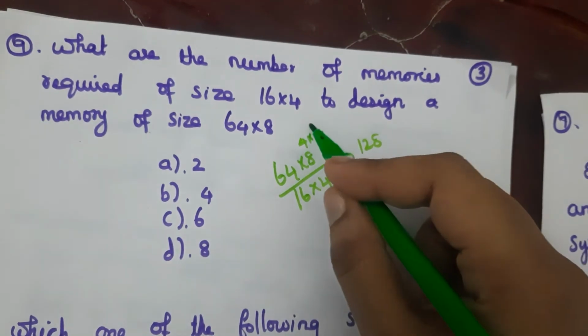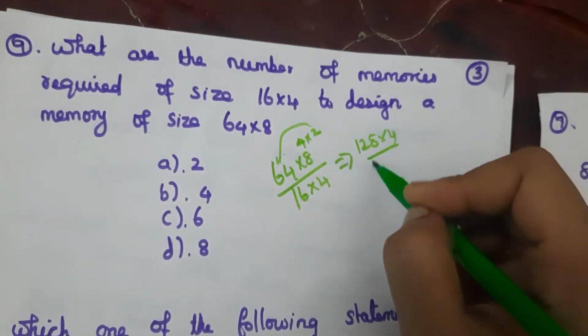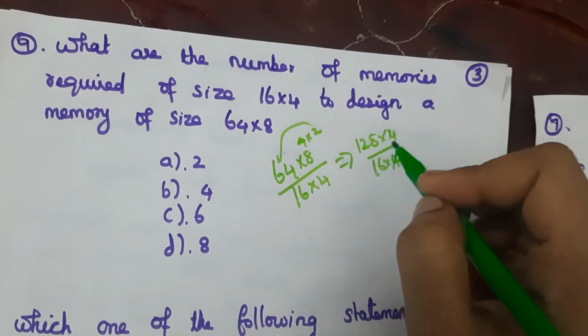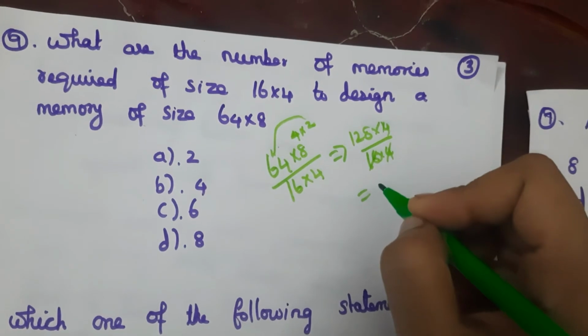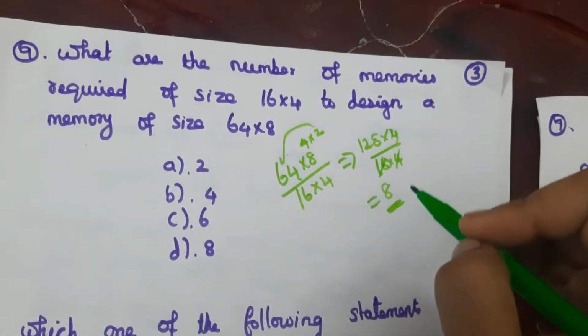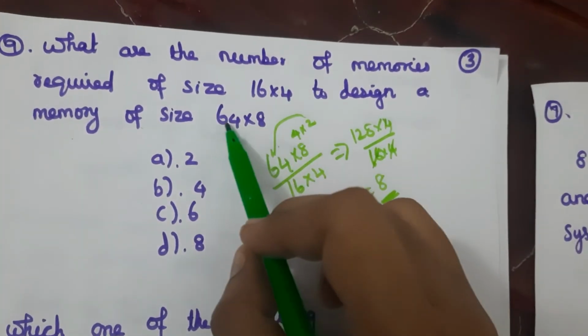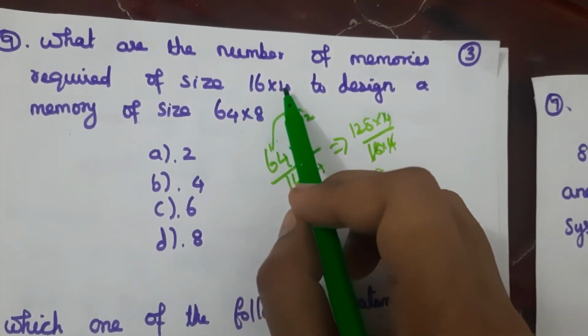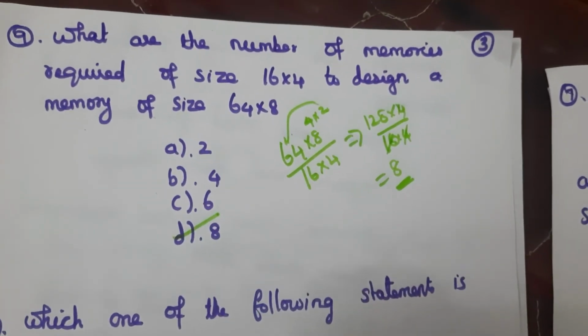So multiplying 64 into 2 becomes 128 into 4 divided by 16 into 4. So 4 gets cancelled. Dividing, the answer here is 8. So 8 memory chips are required to build 64 cross 8 using the 16 cross 4 size. So here the answer is D.